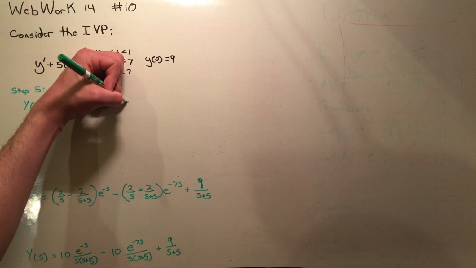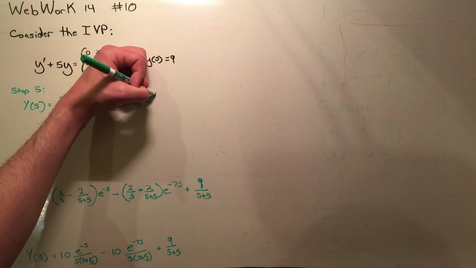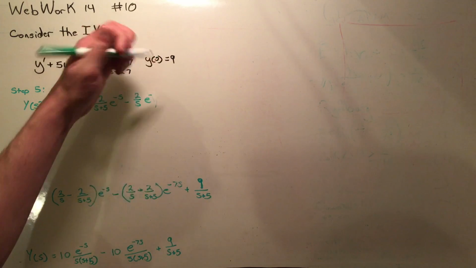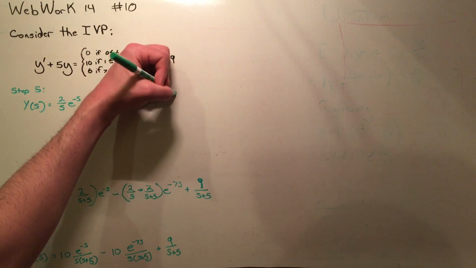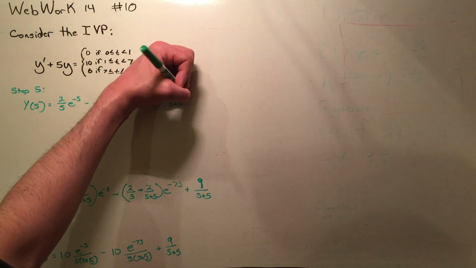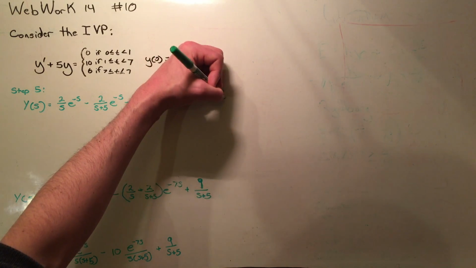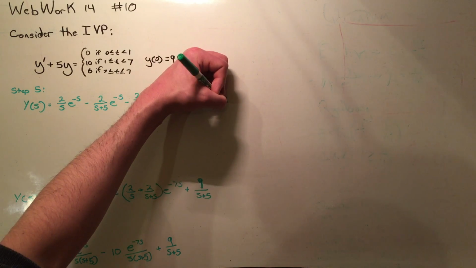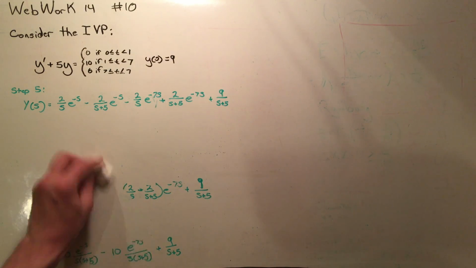So minus 2 over s e to the negative 7s plus 2 over s plus 5 e to the negative 7s plus 9 over s plus 5. All right, let's clean this up.